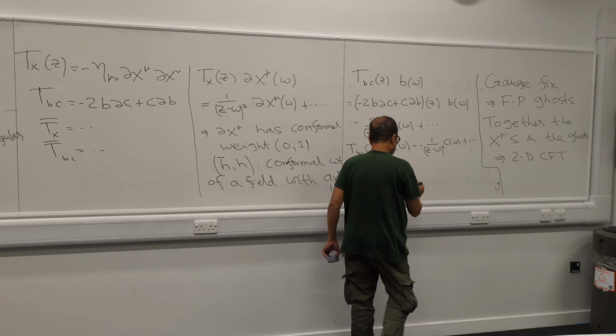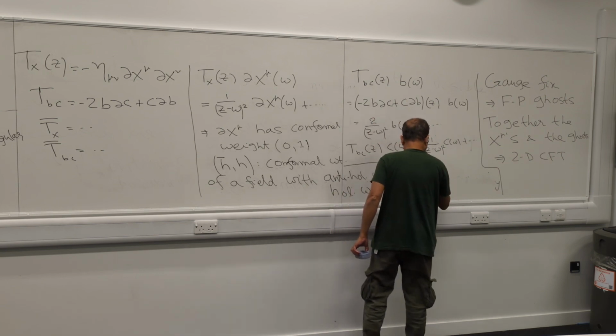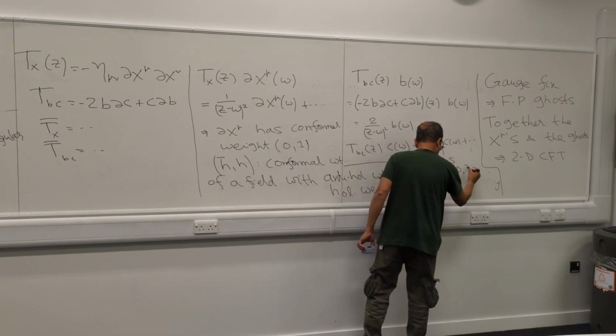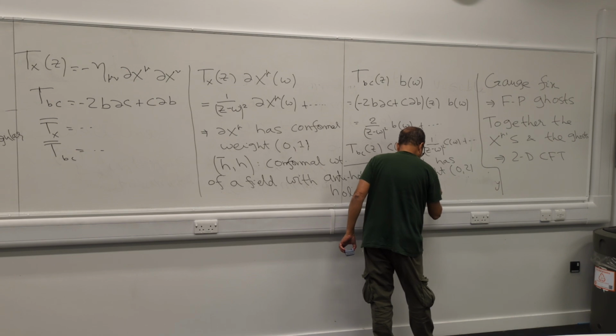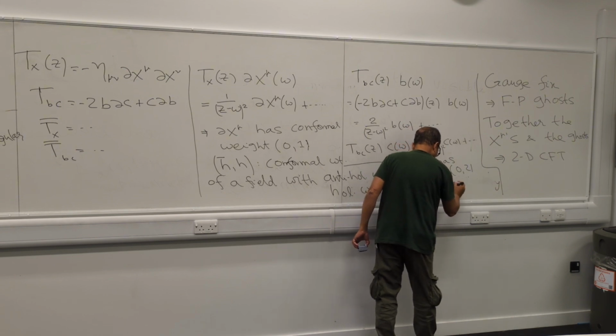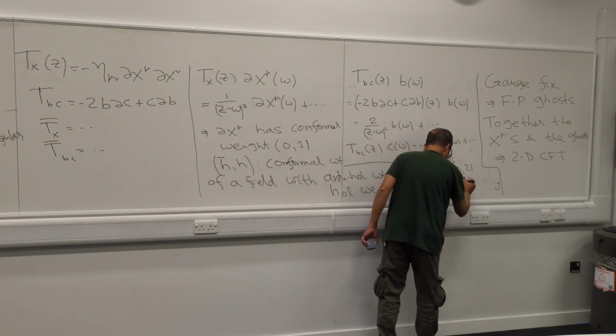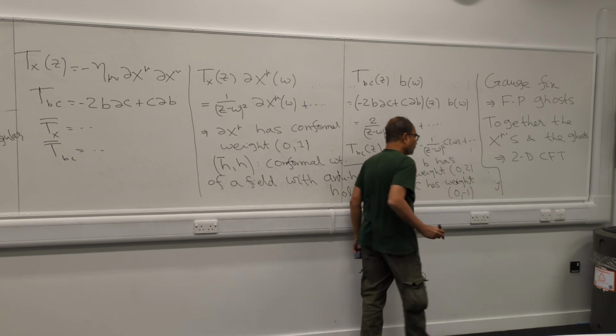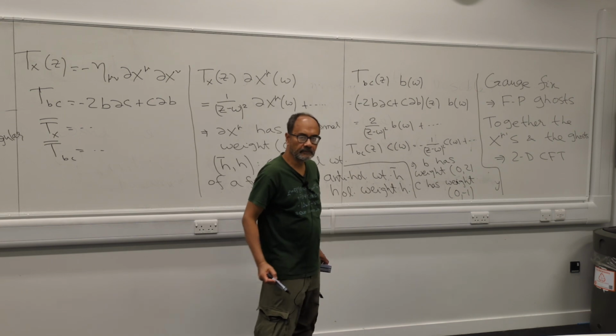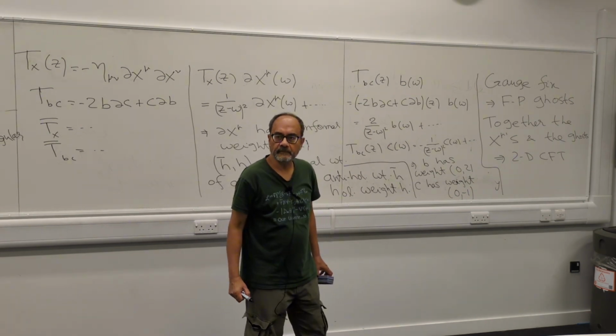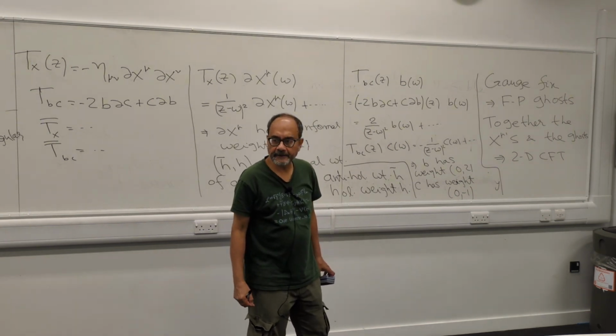So this means that b has weight 0, 2 and c has weight 0, minus 1. Is this clear?